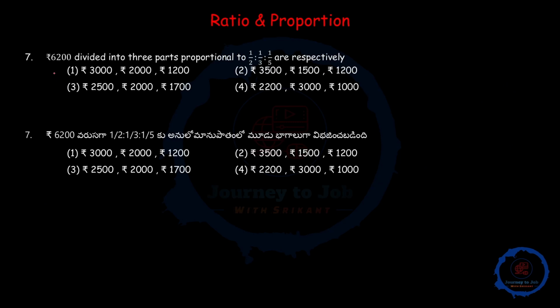Next, 6200 divided into 3 parts proportional to 1/2, 1/3, 1/5 respectively. Okay, so ఇప్పుడు మనకి ఇచ్చిన రేషియో 1/2 is to 1/3 is to 1/5. This is inverse ratio, but we have to find out the actual ratio. So take LCM here. 2, 3, 5 LCM ఏంటి 30.